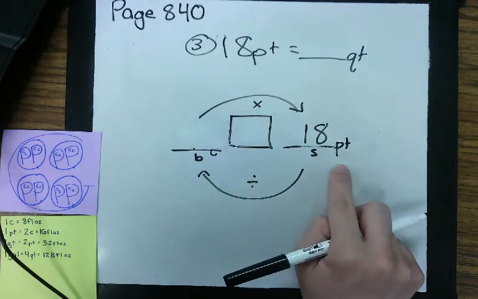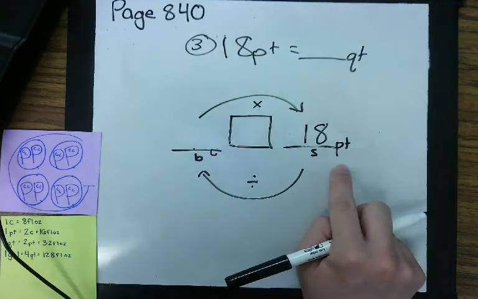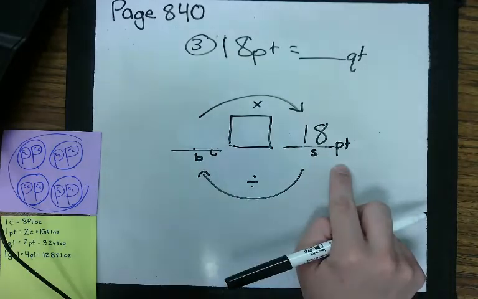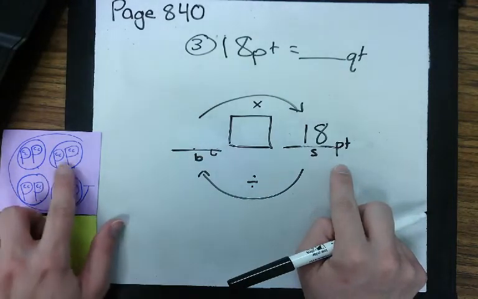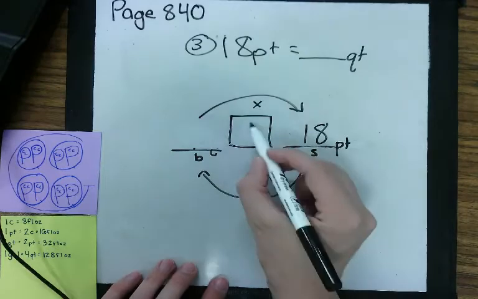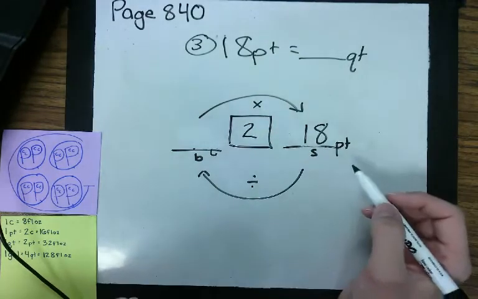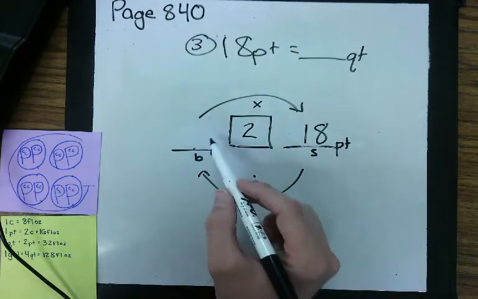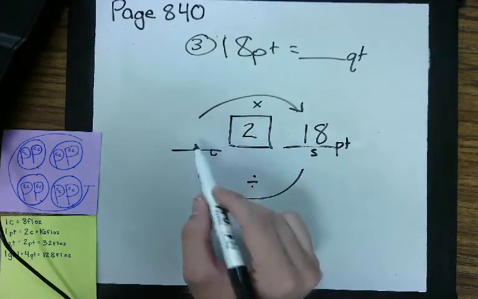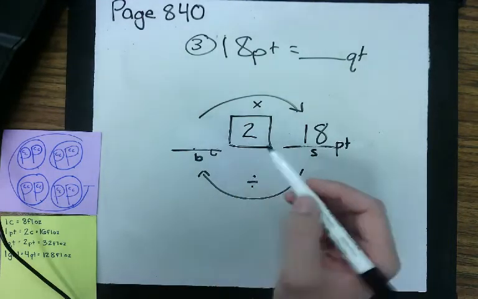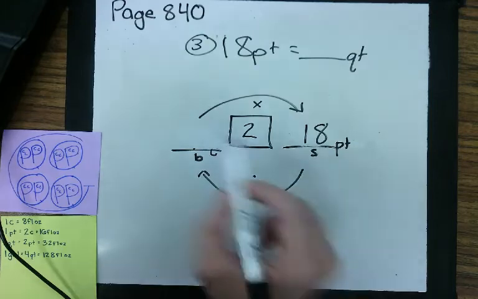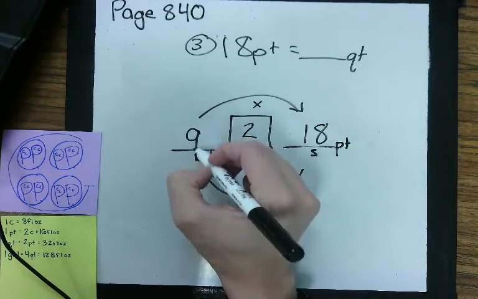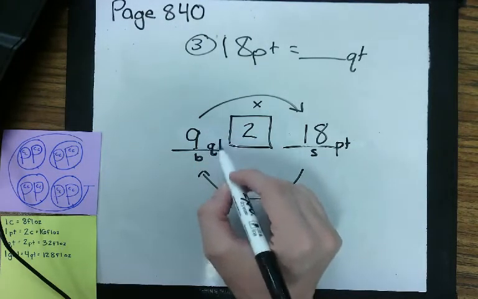And we're looking at how many pints are in a quart. And there are 2 pints in 1 quart, so that's our basic unit. And this is telling me I need to divide, right? I'm doing 18 divided by 2, which is 9. There are 9 quarts.